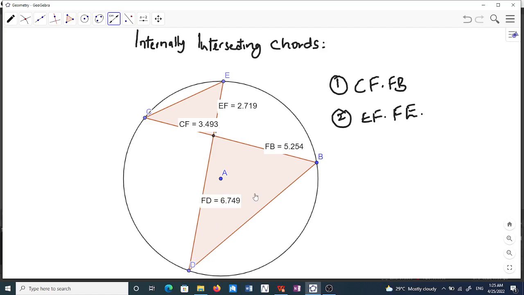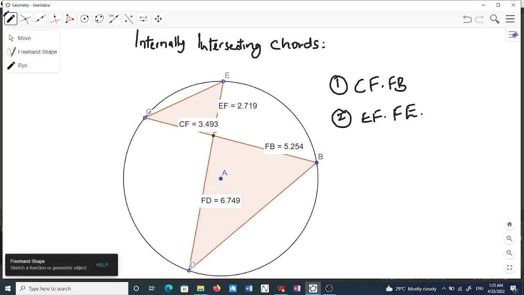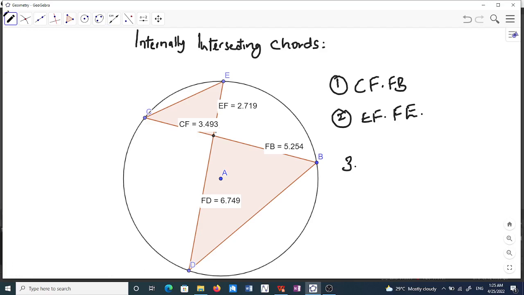Now let us demonstrate them here. Now what I have is CF times FB. CF, as you can see here, is 3.493. So let me multiply it by FB, which is 5.254. What do I get here?